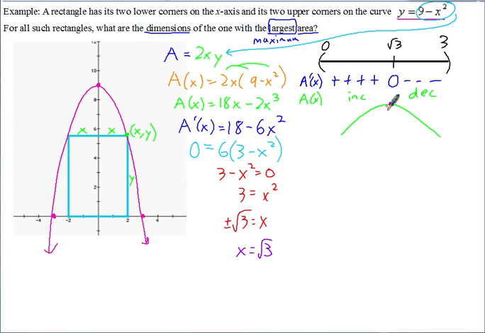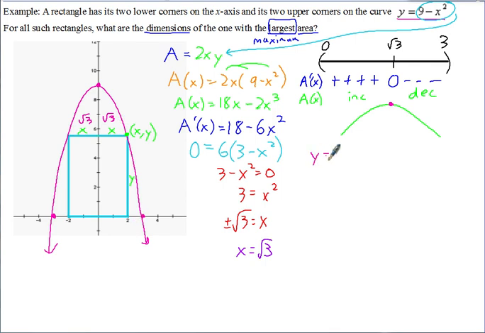But as for the dimensions, okay, the dimensions of a rectangle are just the length and the width. So the dimensions just refer to the things that build up to it in the equation here. So, you know, x is root 3. So this side is root 3, and this is root 3, so one of the dimensions would be root 3 plus root 3, 2 root 3. And then the other one, we need to get what y is.